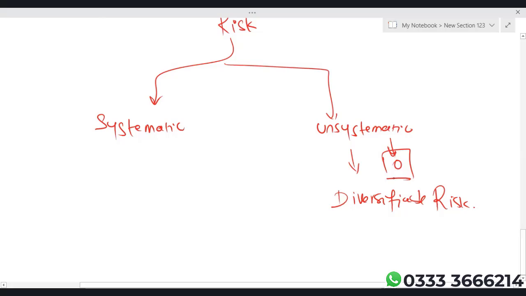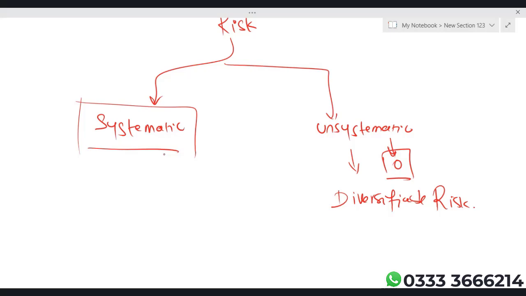Okay. Now, let's talk about unsystematic risk. How can you diversify this unsystematic risk? For example, if you go to the stock exchange, instead of making all the investment in one company's shares, you spread your investment across different companies, so we say that you are diversifying your risk.